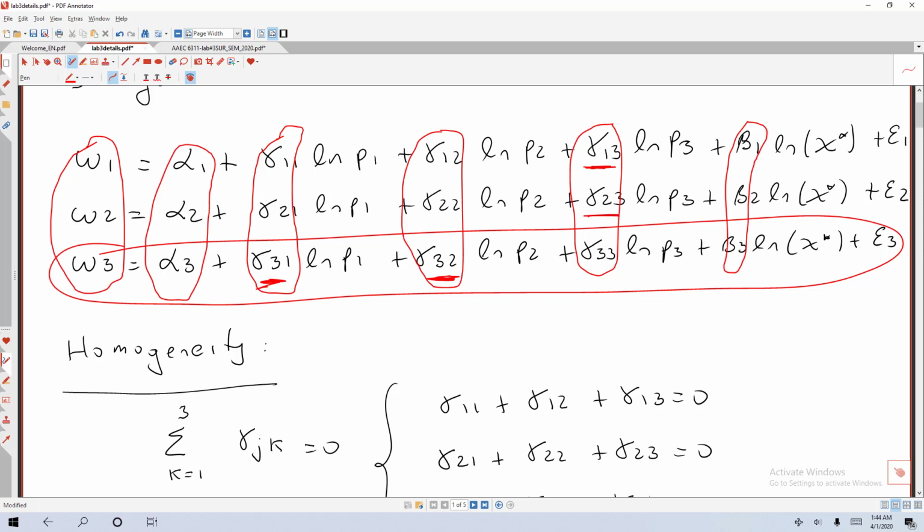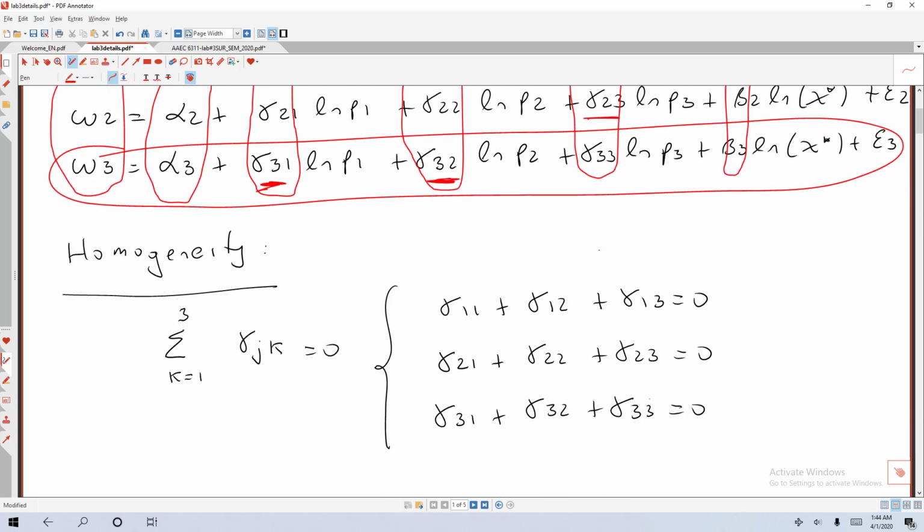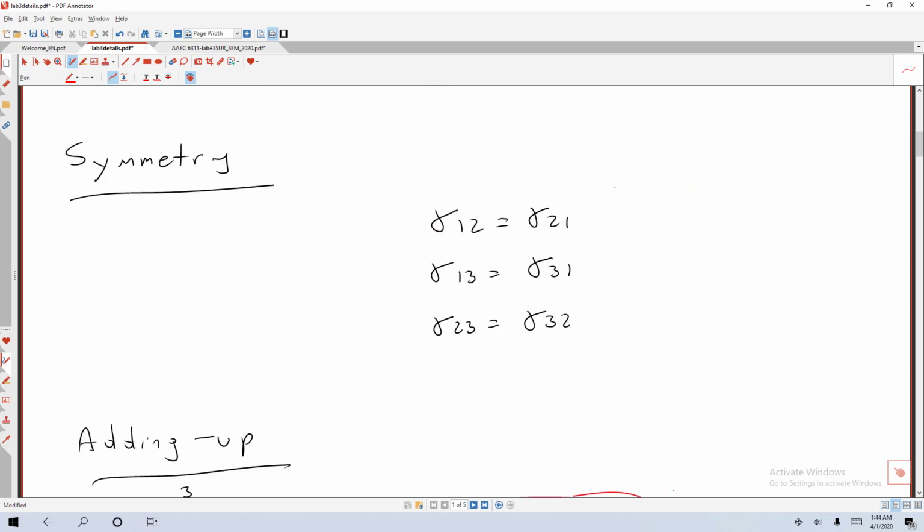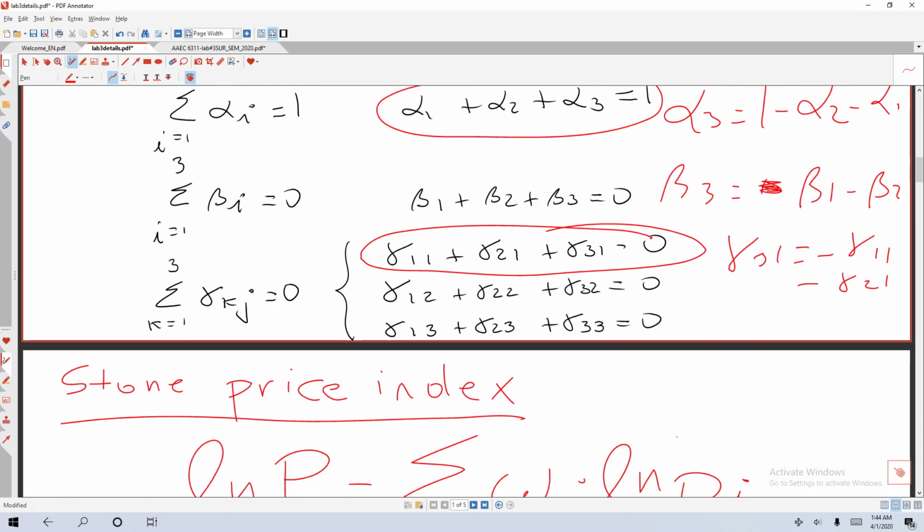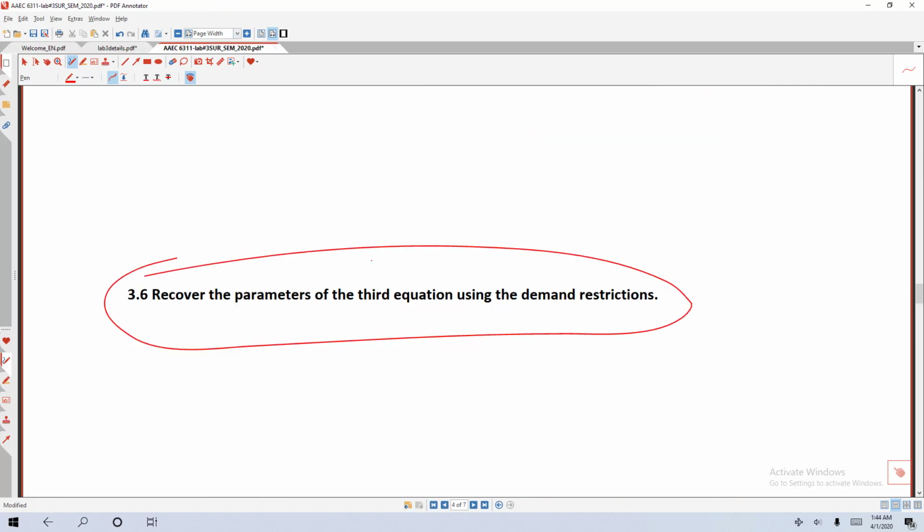And then for the alpha 3,3, actually we could either use the homogeneity restriction, or we could use our adding up restriction involving the gammas of the third price. Okay, so that's the way that you're supposed to be recovering those coefficients.